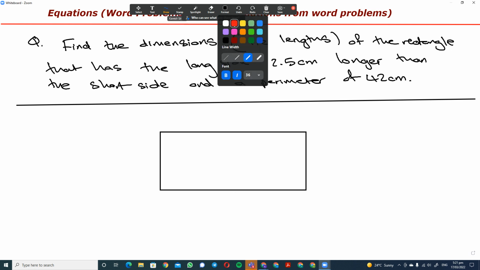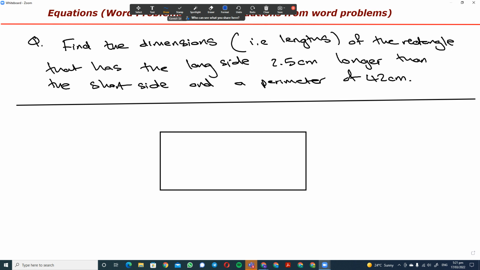Now, what did you make x? What did you make x over here for this one? What will you make x? Remember, that's the whole starting point because you want to develop an equation, right?